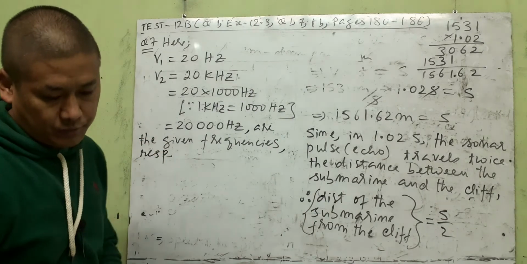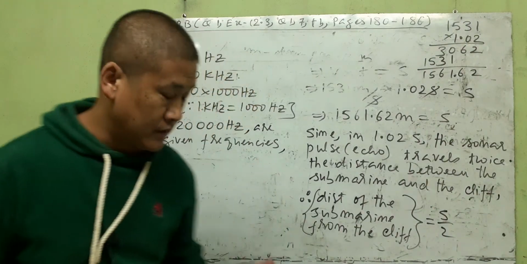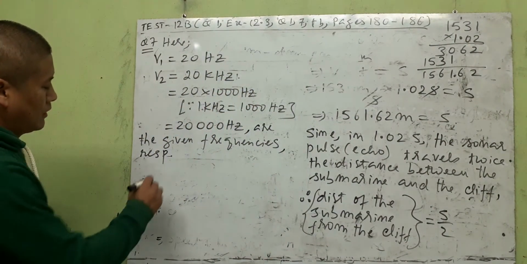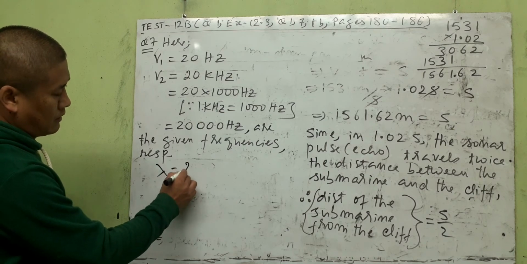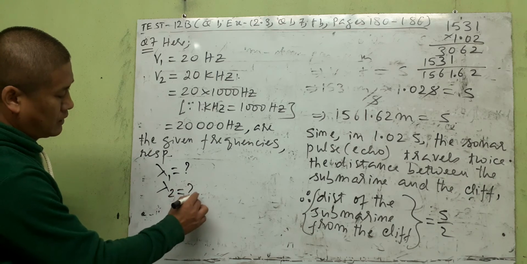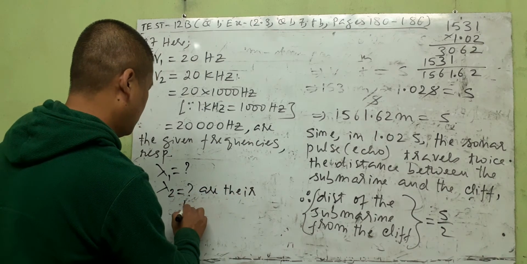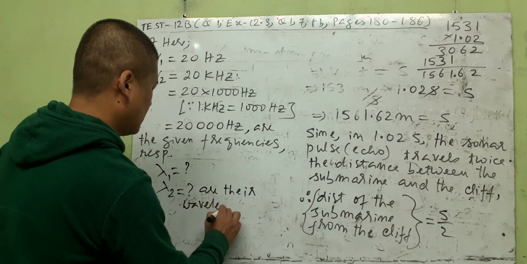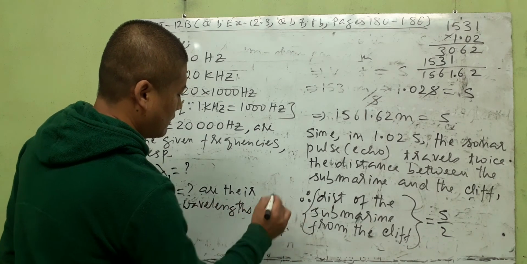Then, as we read on, what is the typical wavelength? Since there are two ranges, let's put lambda 1 and lambda 2 as the wavelengths respectively.